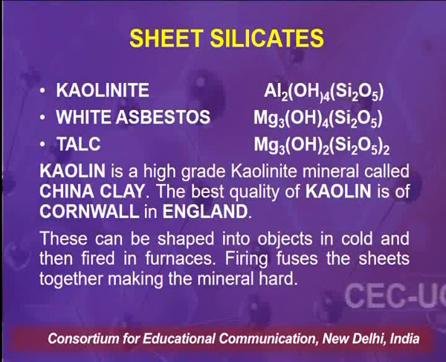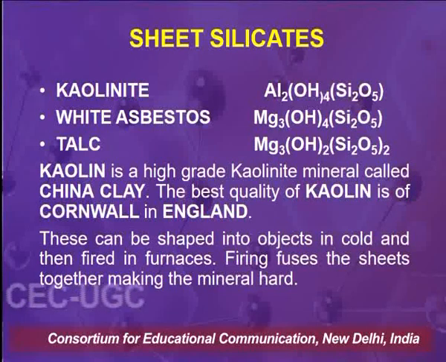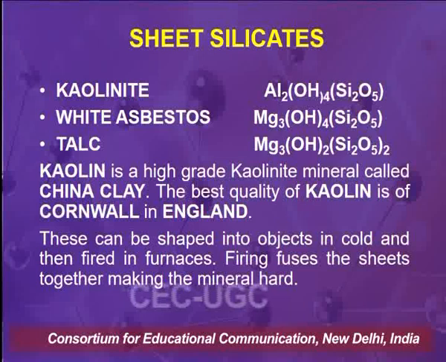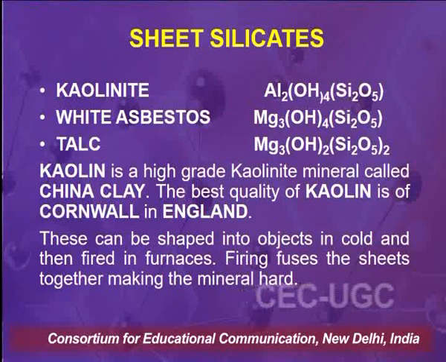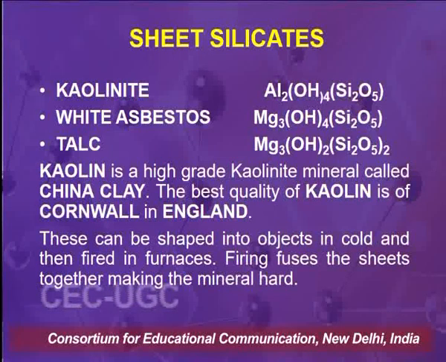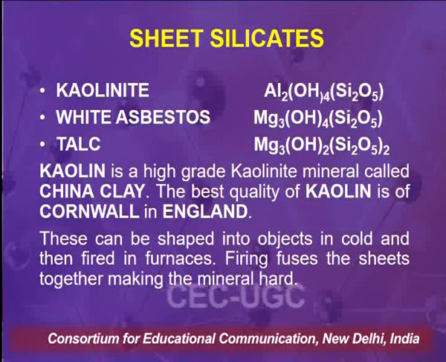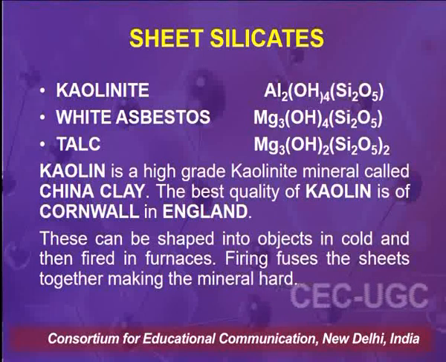Kaolin is a high grade kaolinite mineral called China clay. The best quality of kaolin is of Cornwall in England. These can be shaped into objects in cold and then fired in furnaces. Firing fuses the sheets together, making the mineral hard.